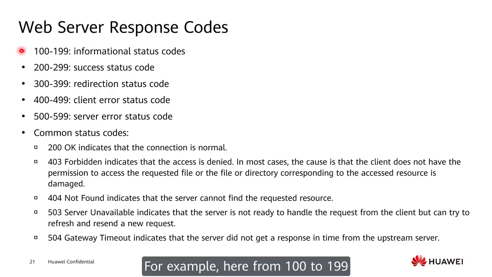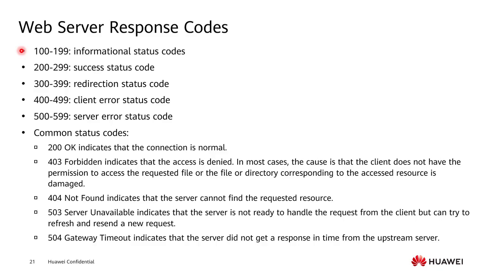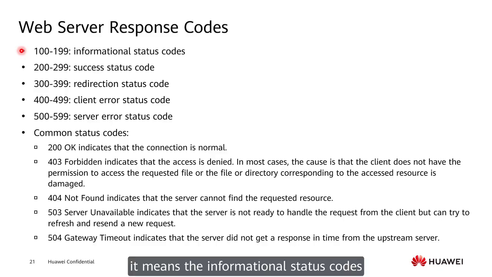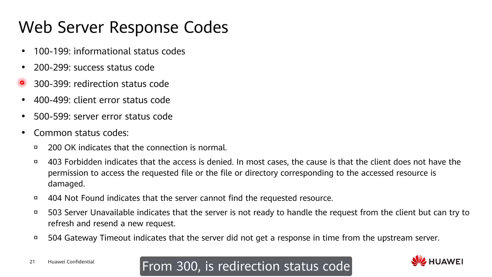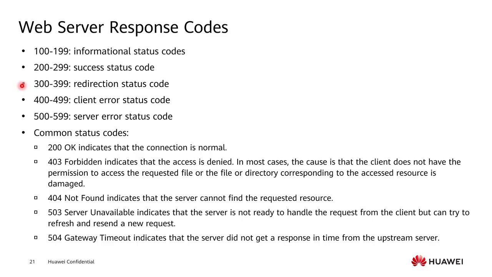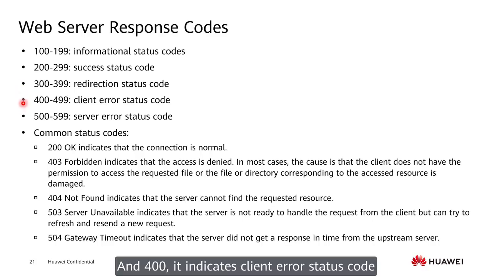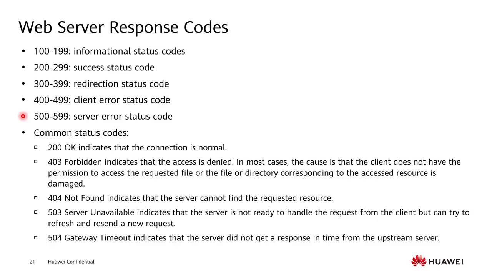For example, from 100 to 199, it means the informational status code, and from 200 it's success status code. From 300 it's redirection status code, and 400 indicates client error status code. From 500 it indicates server error status code.